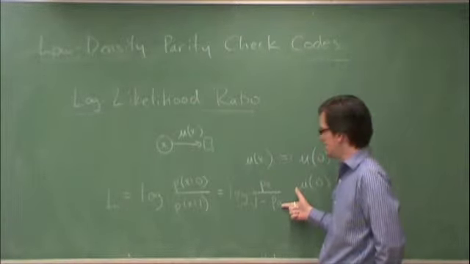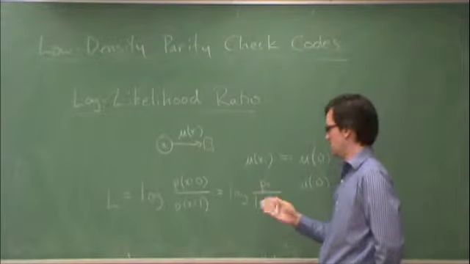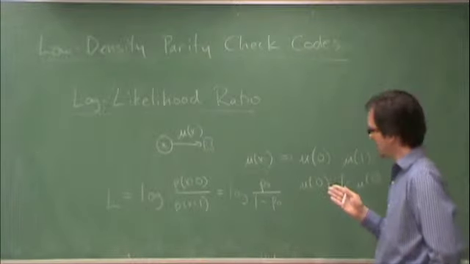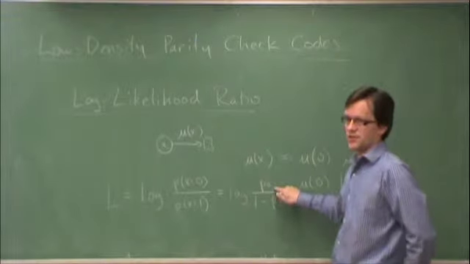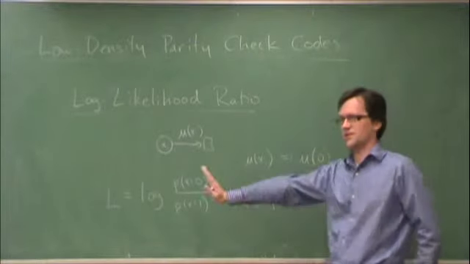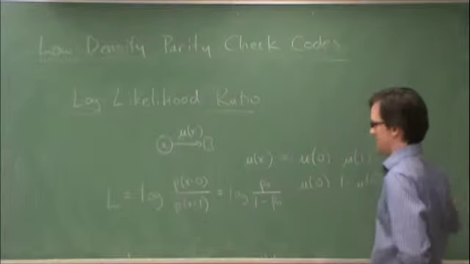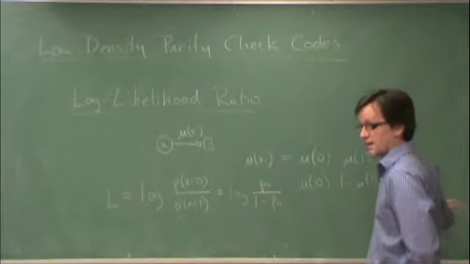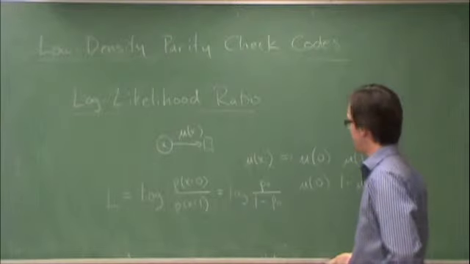So in other words, it's only equal to 0 if you can't really distinguish between 0 and 1. And the closer it gets to infinity, the larger p0 is, and the closer it gets to minus infinity, the smaller p0 is. So the closer it is to infinity, the more you believe that x is 0, and the closer it gets to minus infinity, the more you believe that x is 1.